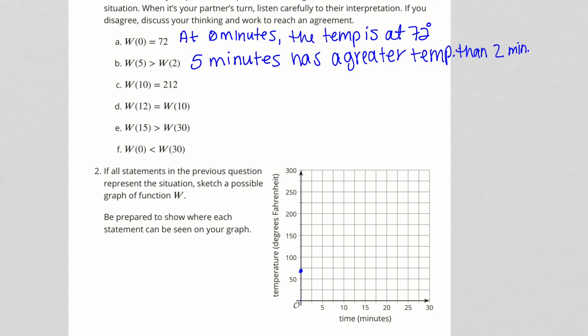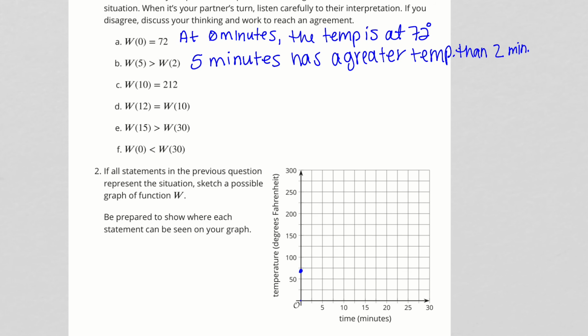Makes sense, right? If you have a pot of water on the stove, it's going to get warmer every minute, right? Okay. There's not a way for me to graph that. Whenever we go and graph and connect the other points, we're going to make sure that my 5 is going to be greater than my 2. So for right now, we're going to leave that as it is.